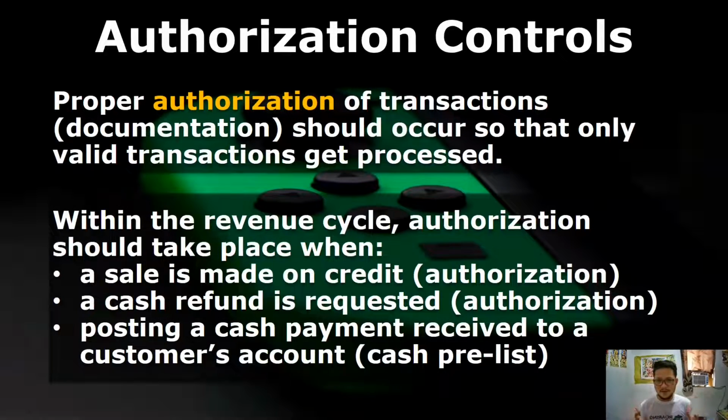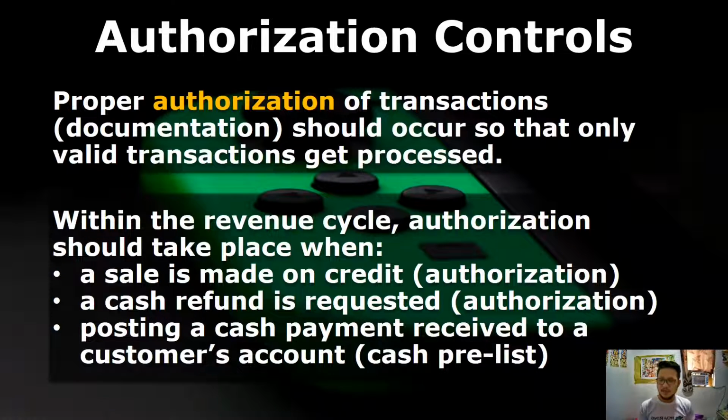So after learning how the revenue cycle flows, it's now time to get down to what is really important to watch out for in our revenue cycle. Ano-ano ang mga controls na nag-a-apply in our revenue cycle? Una, sa authorization po. Proper authorization of transactions should occur so that only valid transactions get processed.